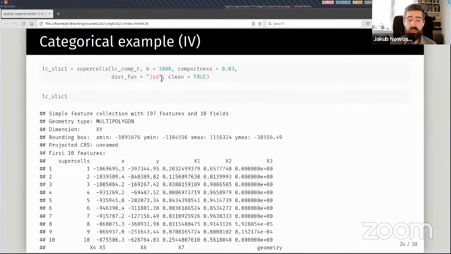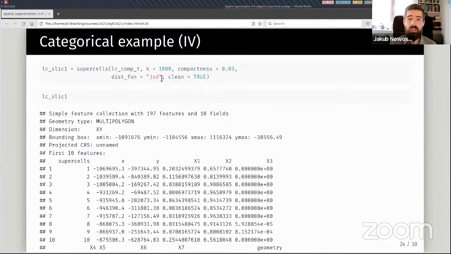The first option is to provide a name of one of the built-in distance functions. And there are only three: Euclidean, JSD, and DTW, for dynamic time warping. So that's the first option. And if you use this, it goes to the internal C++ code for the calculations.